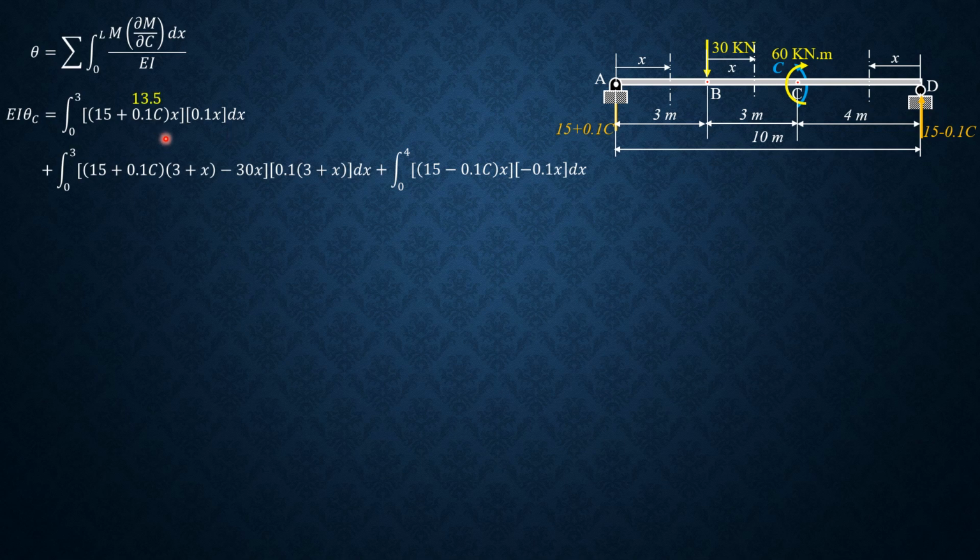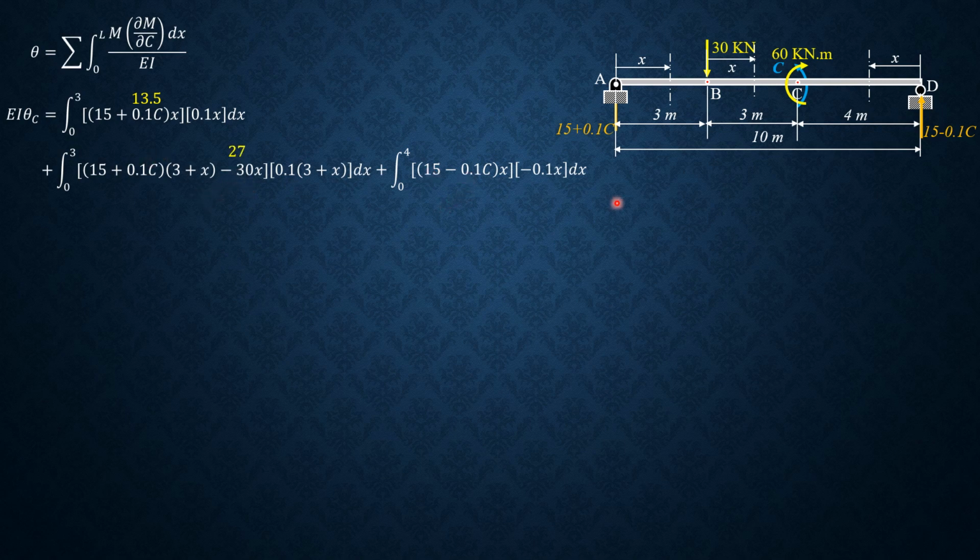Simplifying the first, so we have the integral from 0 to 3 of 15x times 0.1x dx, and the value of the integral is 13.5. Here, because C is 0, this is the integral of quantity 15 times 3 plus x minus 30x, and times 0.1 of 3 plus x dx. So simplifying first inside, then simplify this, then the value of the integral is 27.